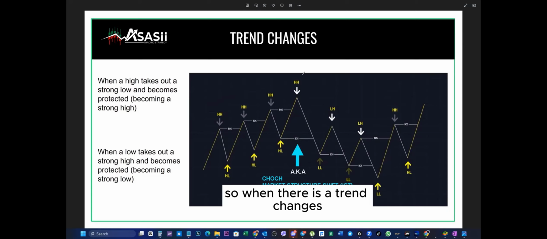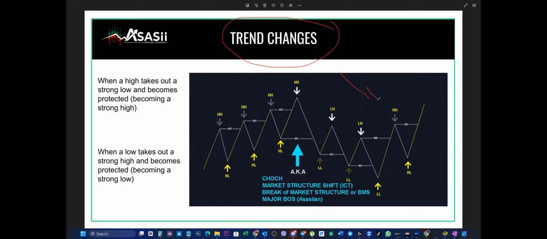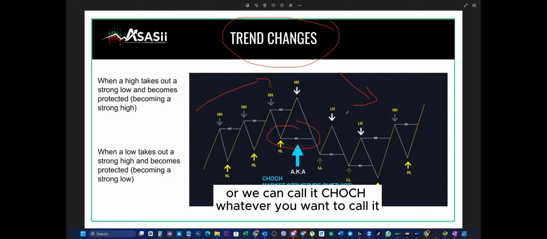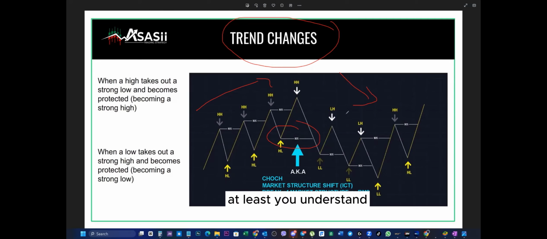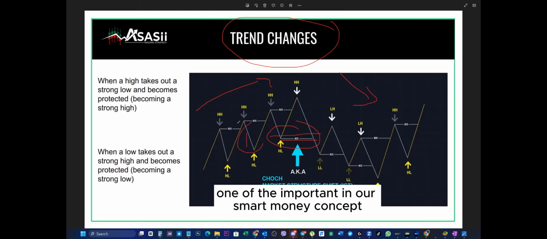So when there is a trend change or a possible confirmation of change of trend, like from bullish to bearish, I call it a major breakup structure. Or we can call it shock, whatever you want to call it. At least you understand the possible scenario that this is one of the important things in our smart money concept.